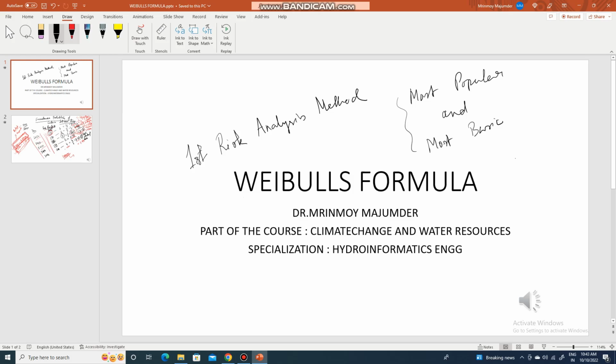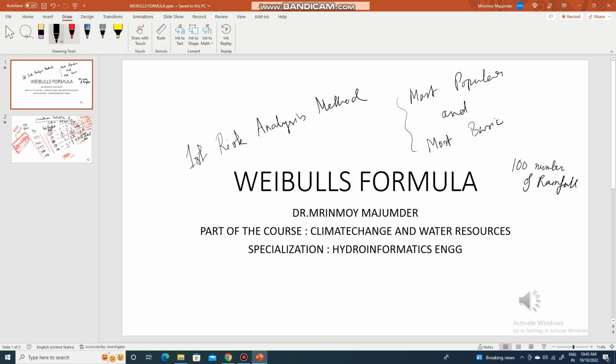Suppose you have been given 100 rainfall events, which are the peak rainfall of the last 100 years. Now, if you want to find the relationship between these events and their corresponding return periods, then you have to draw the Weibull's plot.